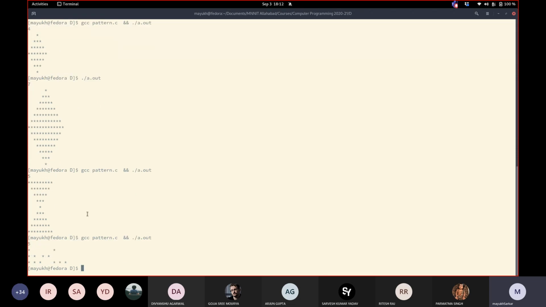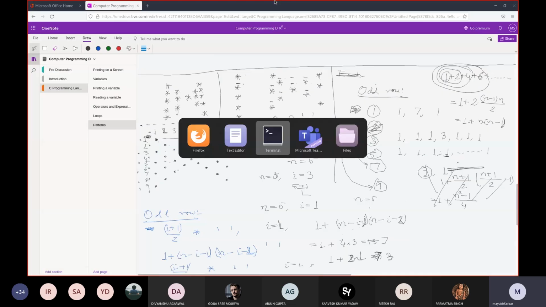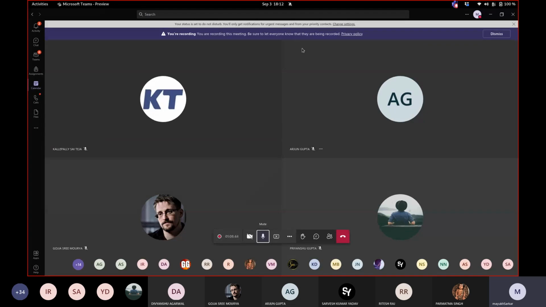No, it has not worked. The left side has worked, the right side is not working. I'll check it out later. Okay, I'll check this pattern.